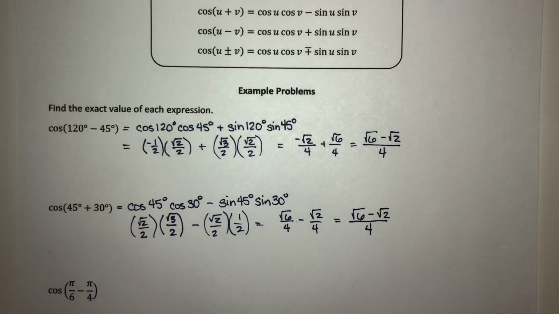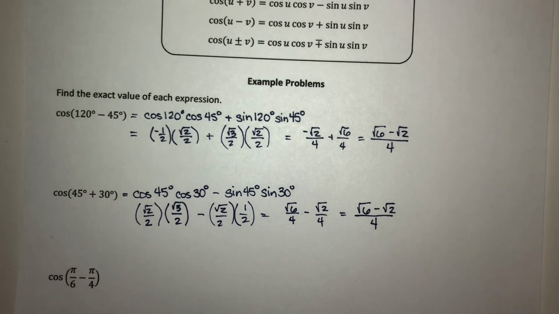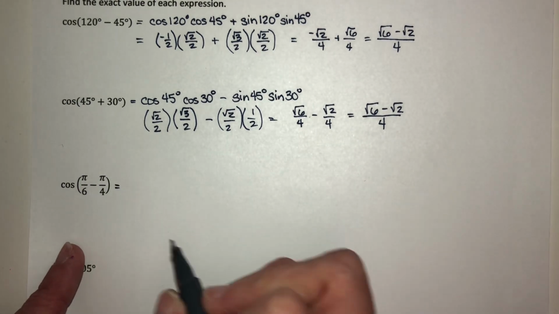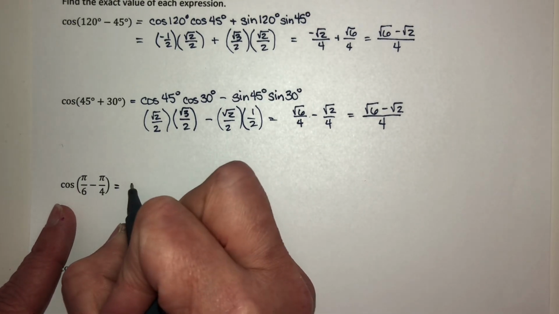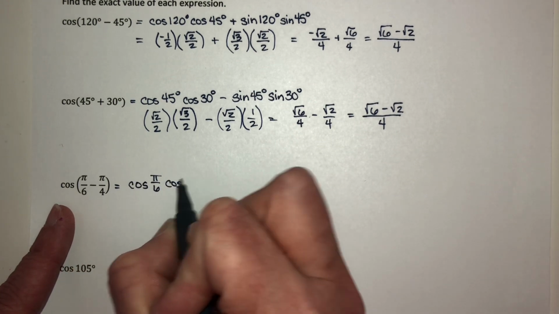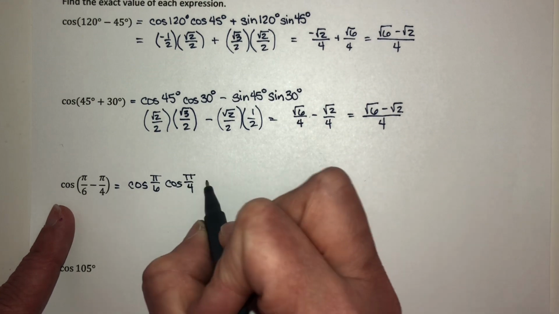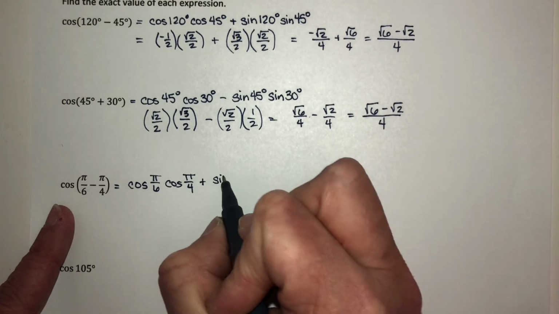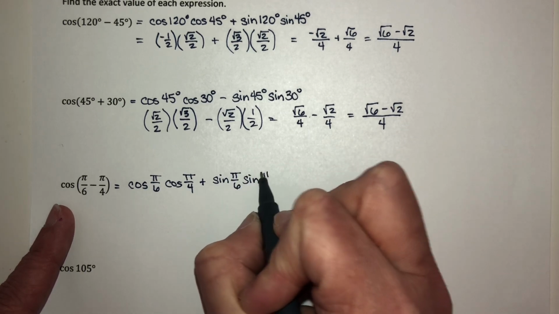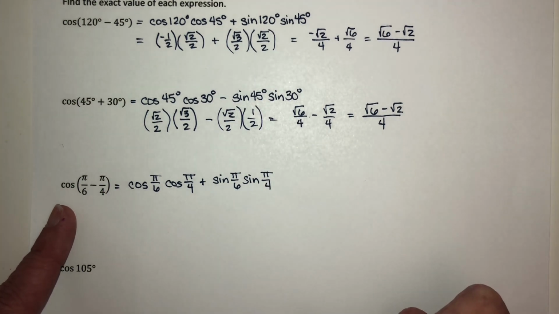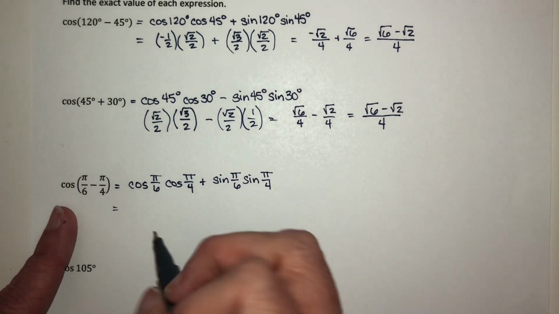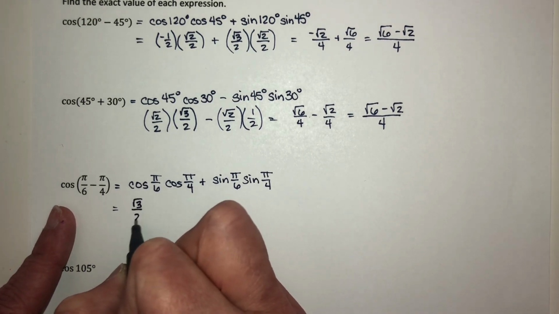Okay, let's look at cosine of pi over 6 minus pi over 4. Using the subtraction formula, we have cosine of pi over 6 times cosine of pi over 4 plus sine of pi over 6 sine of pi over 4. Now, cosine of pi over 6 is square root 3 over 2.